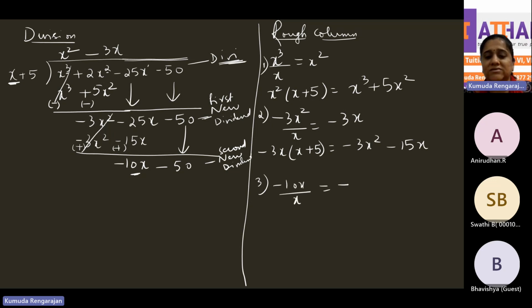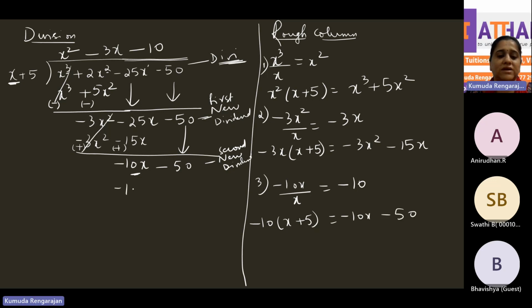So you get minus 10. Now multiply minus 10 with the divisor x plus 5, and that gives you minus 10x minus 50. Write that here.